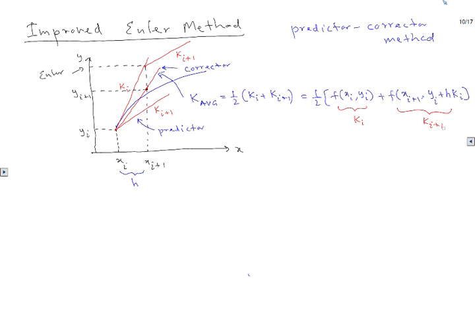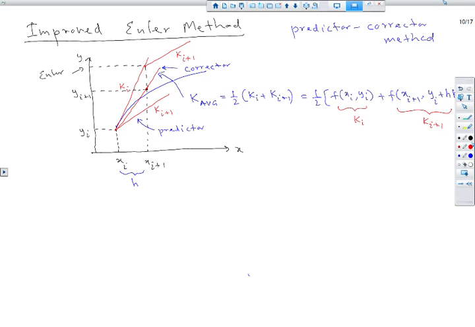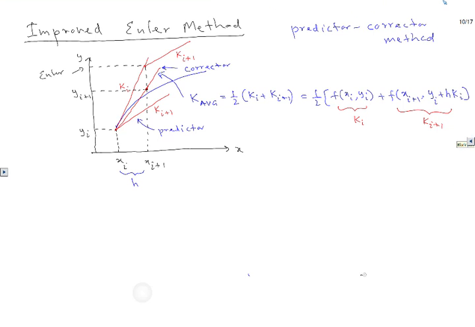Then we can write the algorithm for this problem. It looks like this. We can say x i plus 1 equals x i plus h, or x naught plus i h, no difference.